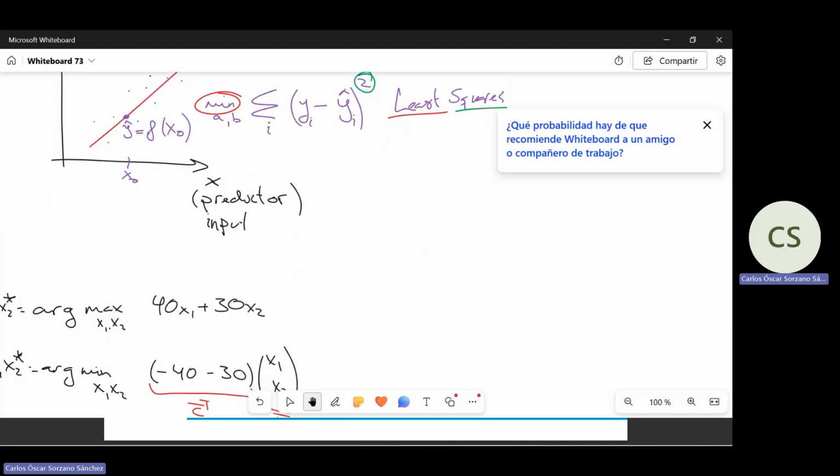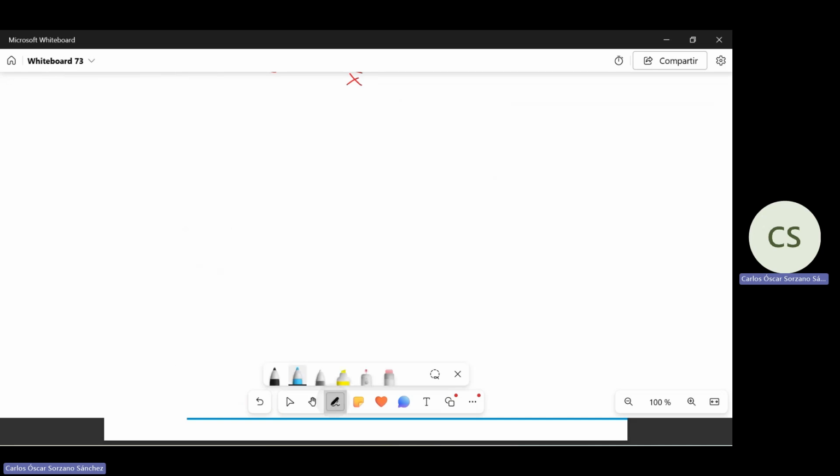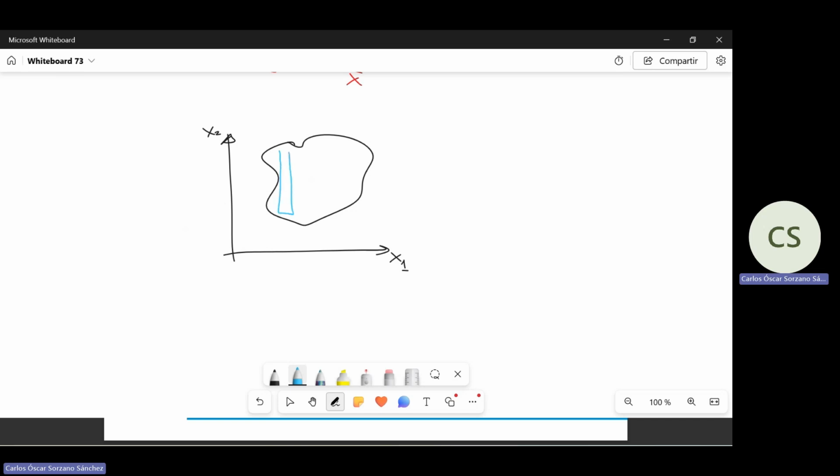I don't mean that this is the case for the salesman problem, but let's say that we have x1 and x2, and this is the feasible region. In this feasible region, you can take any point there. It is a very unstructured set. And let's say that you can only take a point along this path, which is a similar feasible region, not exactly the same, but it covers more or less the same area.